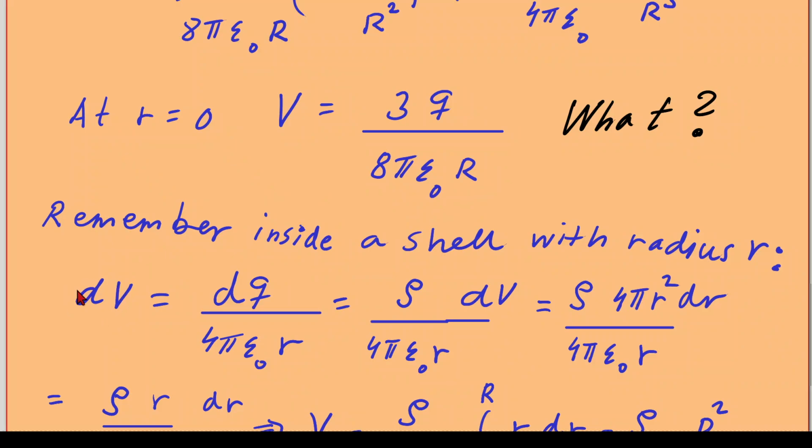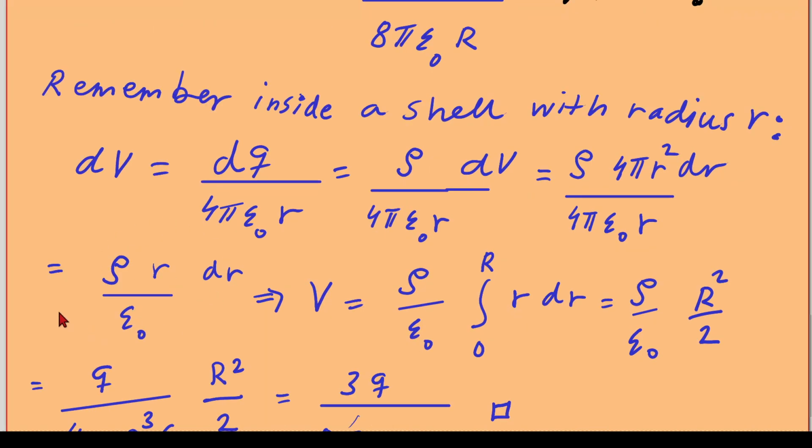This is one contribution from one thin shell with charge dq. The charge of this shell is the charge density times the volume of that shell, so that's the surface area multiplied by the thickness dr, which is thin. This is the volume times the density, that's the Q in this case, and this can be simplified into that.